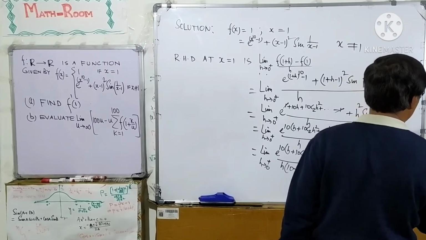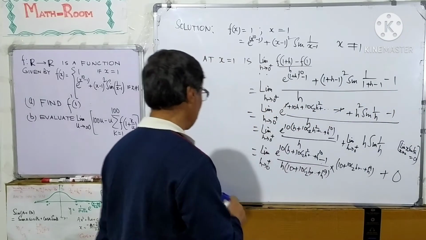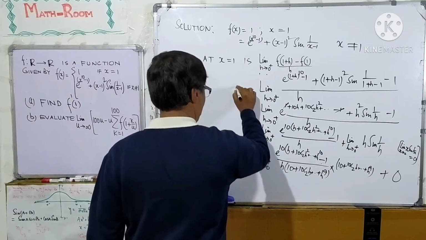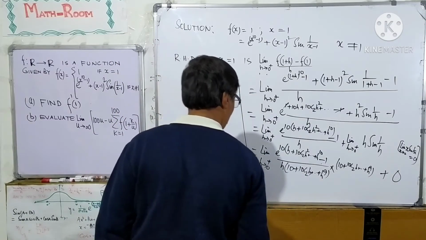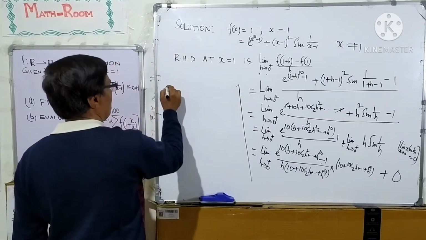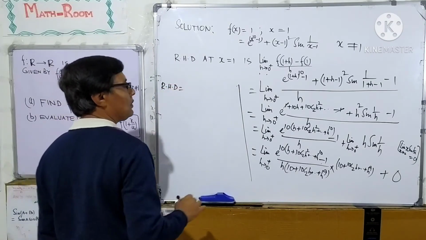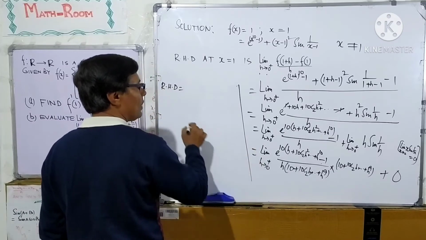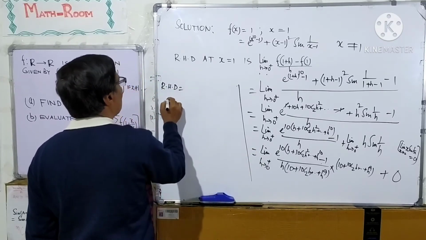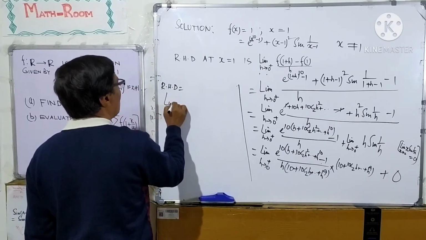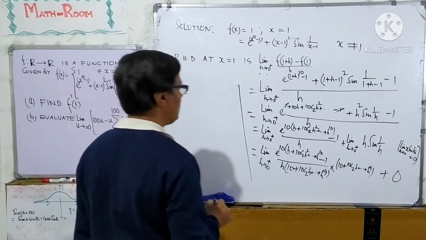So, we have the right hand derivative equal to limit h tends to 0.